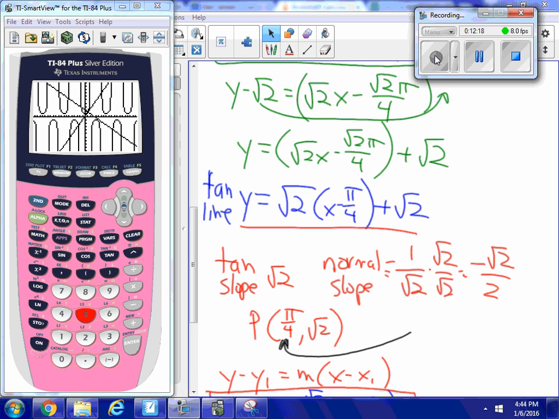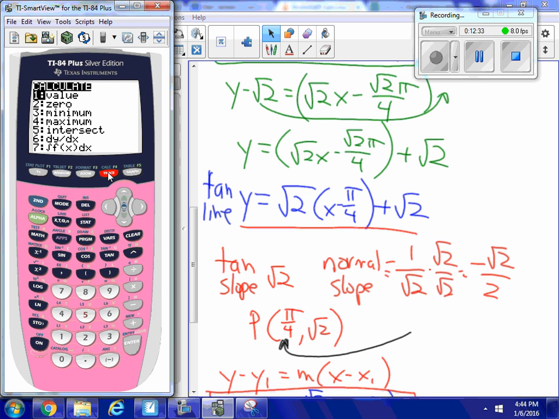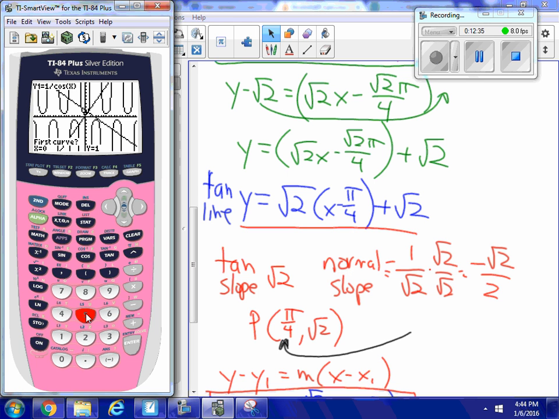Just one other thing you can do to check your answer is you can look and see, well, where are these two lines intersecting? Because they should intersect at our point P. So let's go second, calc, and I'm going to go 5 to intersect. Now, the first curve it's giving me is up here in the top left-hand corner. You see it?